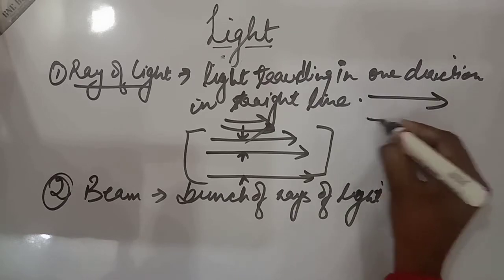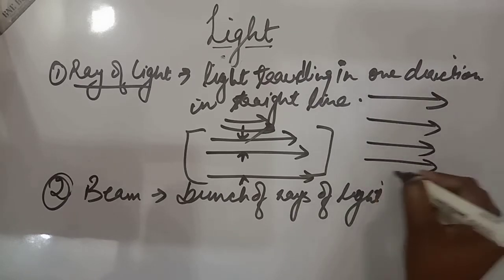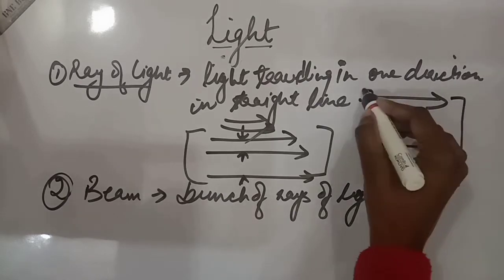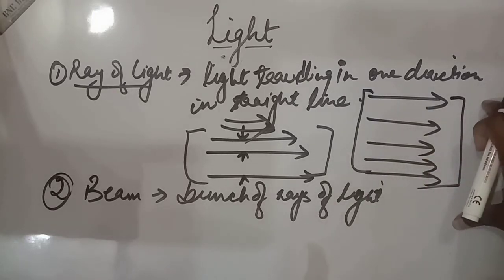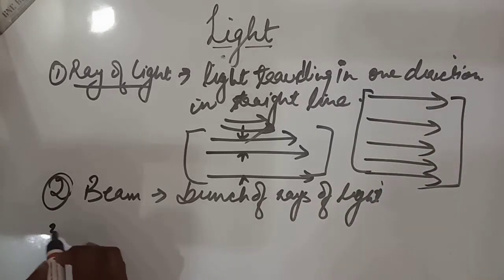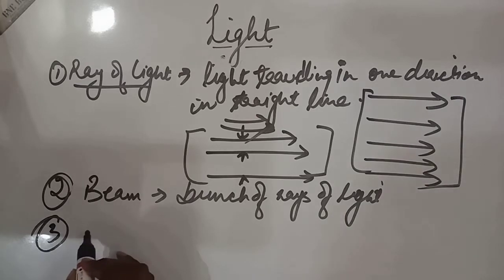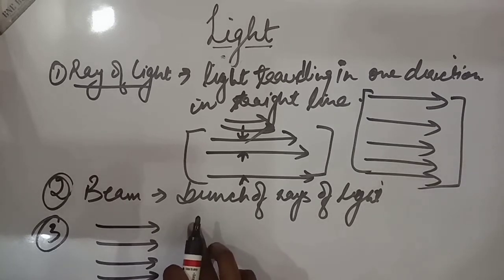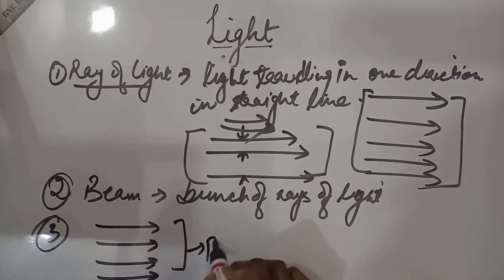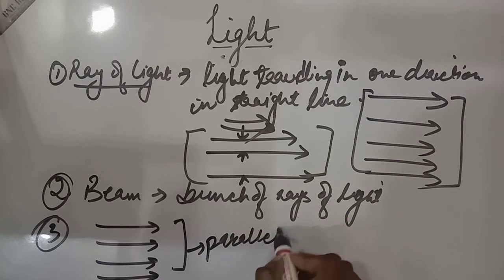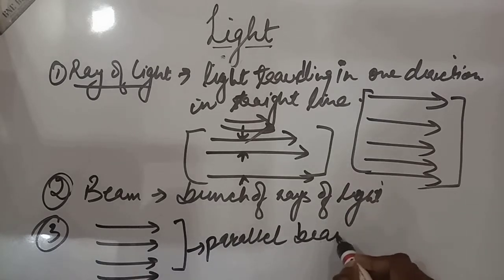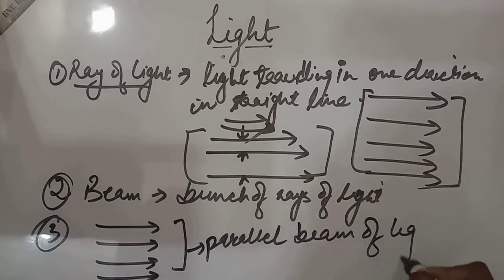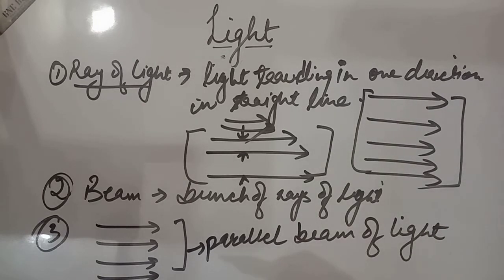And if we are talking about a number of rays of light, then it is called a beam. Third, whenever the rays of light travel parallel to each other, then it is called a parallel beam of light. Right?